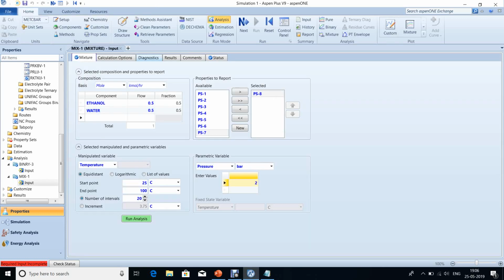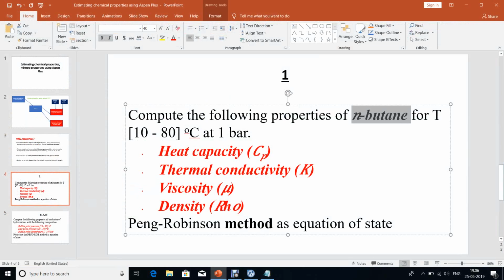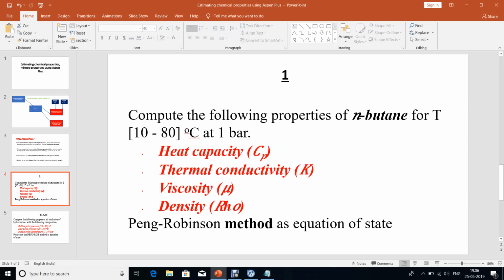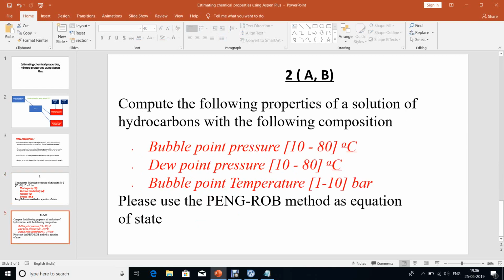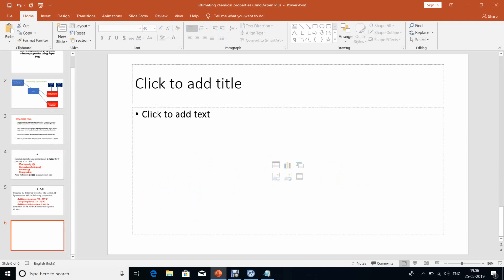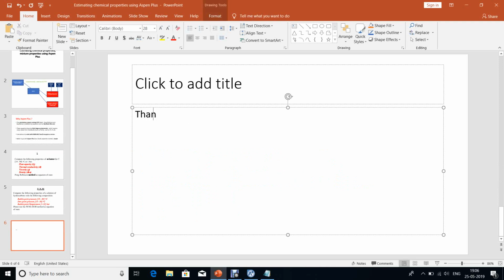So this is how we can confirm that the properties which are calculated in this particular section of this tab, pure, binary and mixture, etc., are correct. And this is how we estimate the values. So finally, thank you.